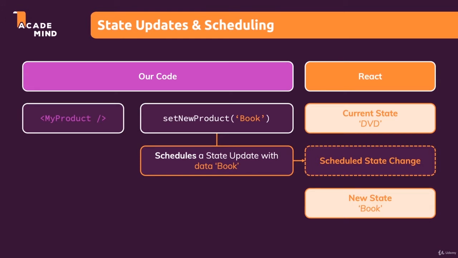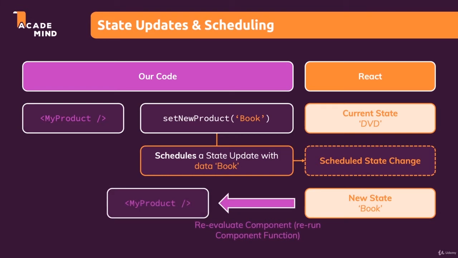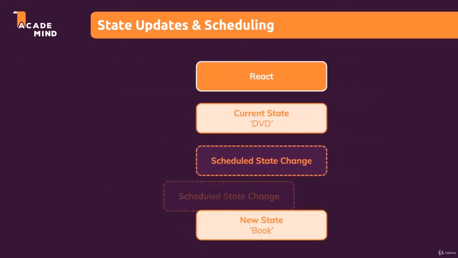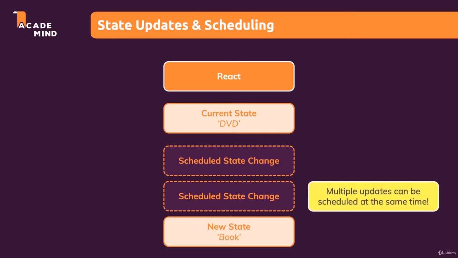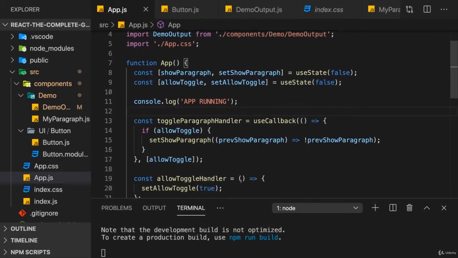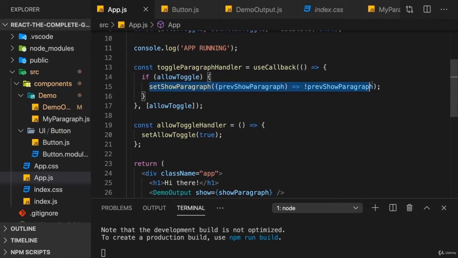And once that new state is active, once that state change was processed, React will reevaluate the component, it will rerun the component function. Now, because of that scheduling, where of course you might have multiple outstanding scheduled state changes at the same time, it is recommended that you use this function form for updating your state if you depend on the previous state snapshot.